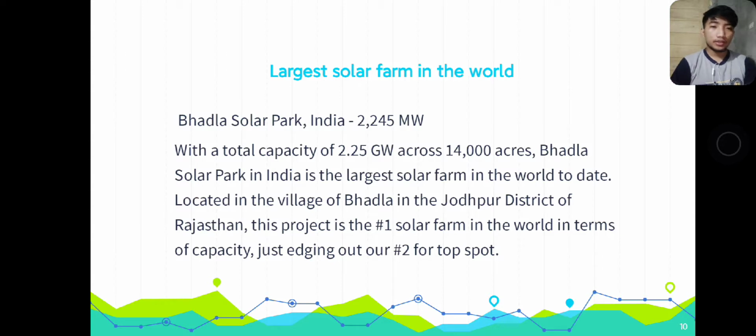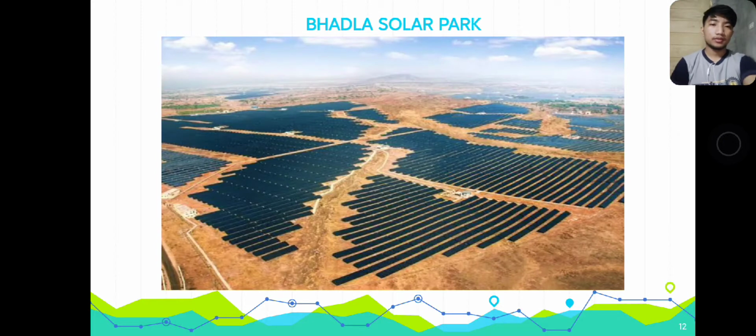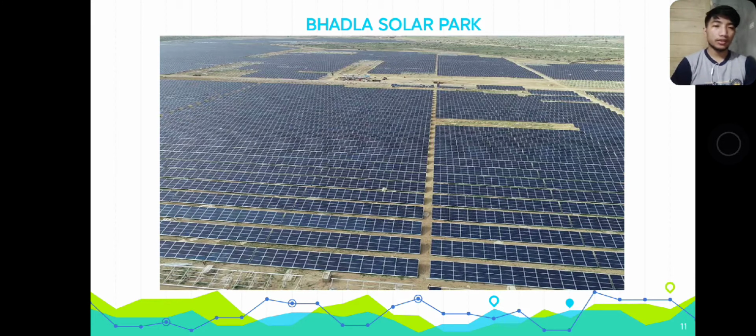Located in the village of Bhadla in the Jodhpur district of Rajasthan. So this project is the number one solar farm in the world in terms of capacity. So this is the aerial view of Bhadla Solar Park.